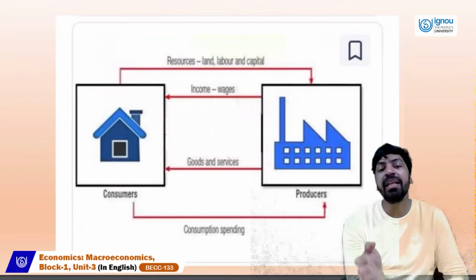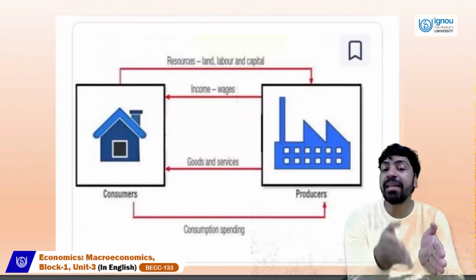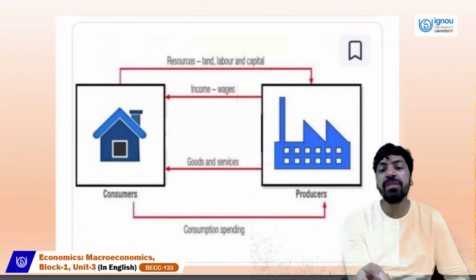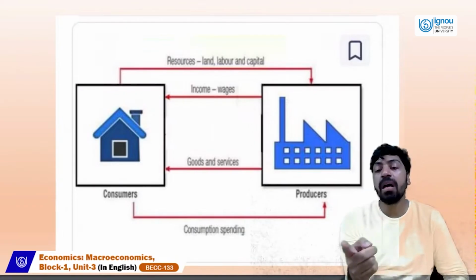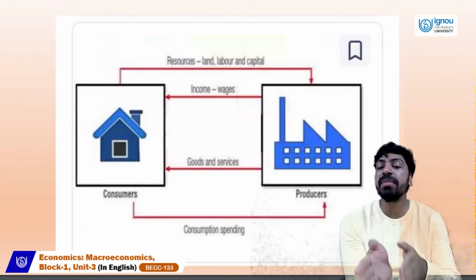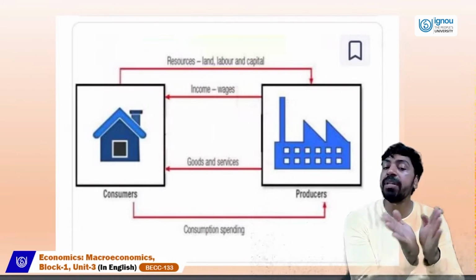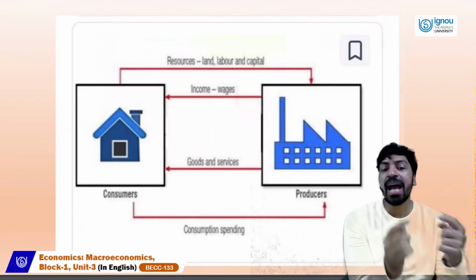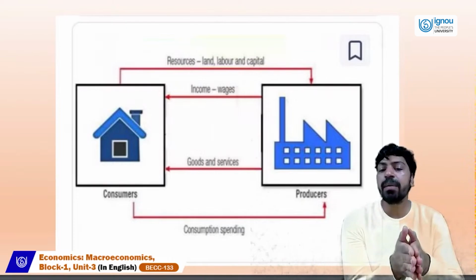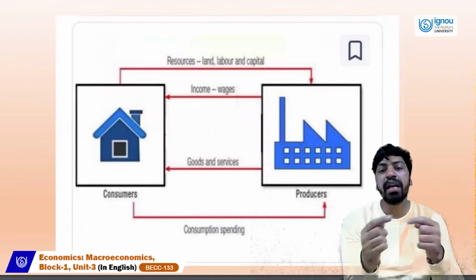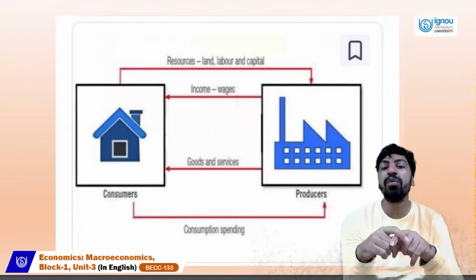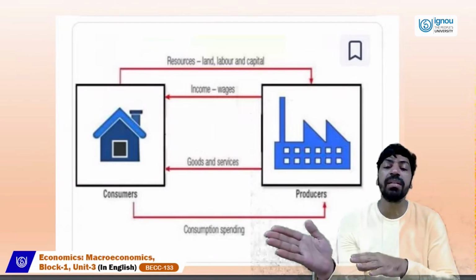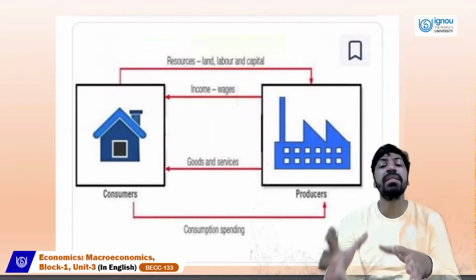The consumers use that income to buy the goods and services from the producers, and the firms produce those goods and services directly for the household. This is the way consumption spending goes on, and it is ultimately called a circular flow of income between the households and the firms or businesses.